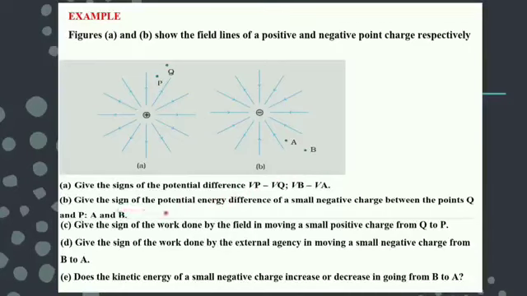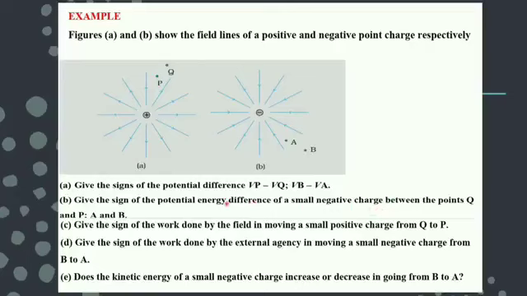Similarly, they are asking you the sign of potential energy difference when you are bringing a small negative charge. Now, in place of bringing the positive charge, they are bringing the negative charge from Q to P. Earlier we were bringing positive charge in both cases, but now they have changed the sign of the charge being brought.